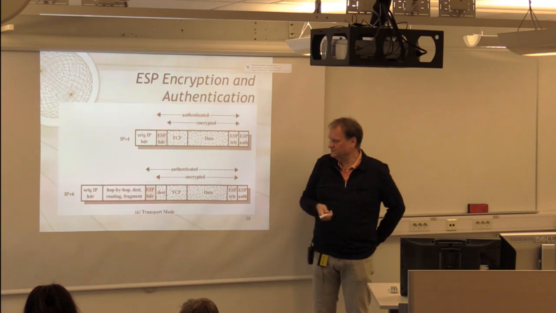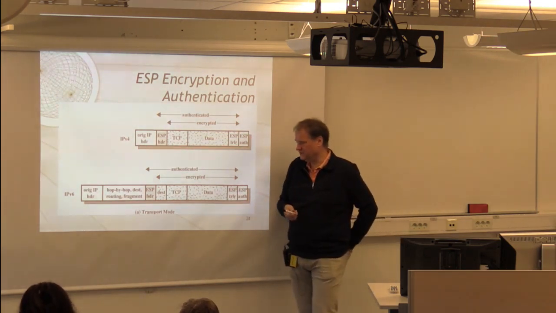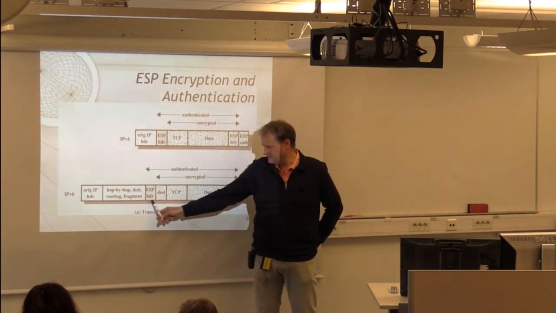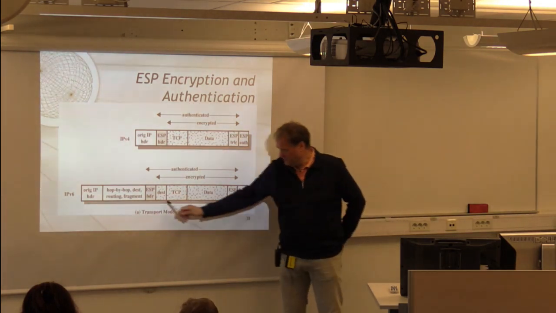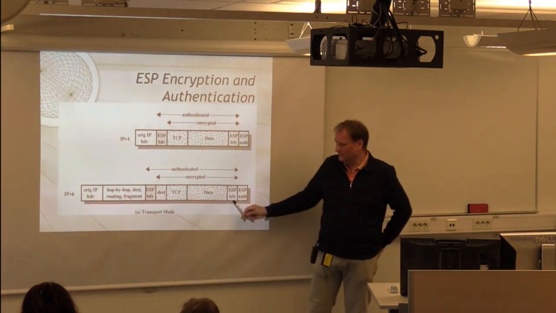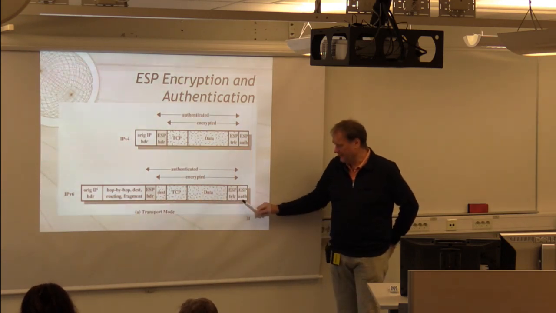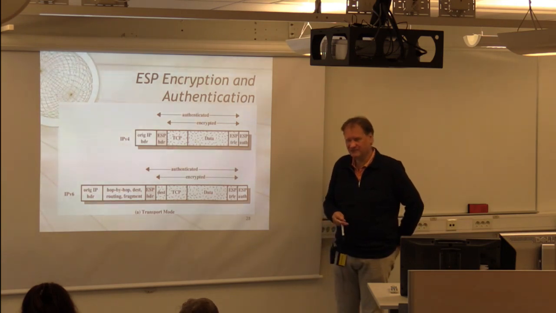If you look at version 6 then, it's a similar situation. We have a base header, we have some extension headers, and then we have an ESP as another extension header. And then we have the original datagram here, which is now encrypted, the trailer, and an ESP authentication at the end here, if we use that option.